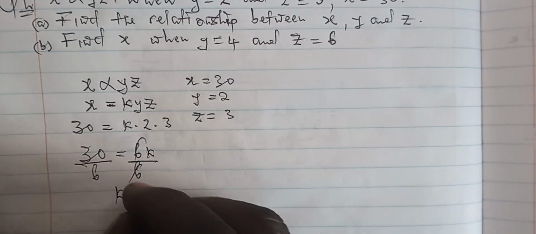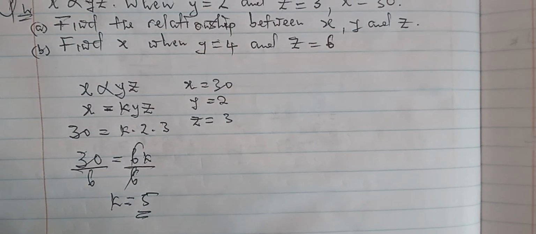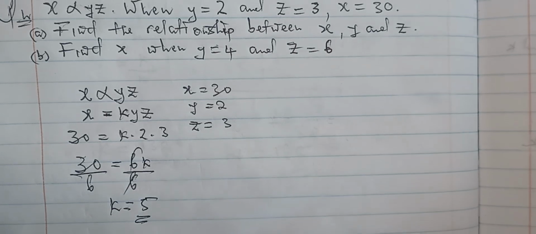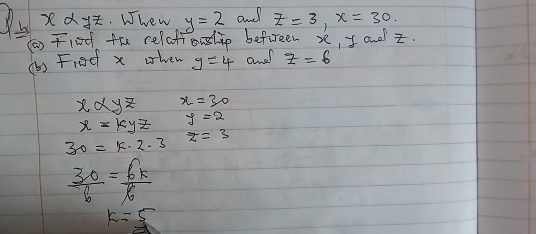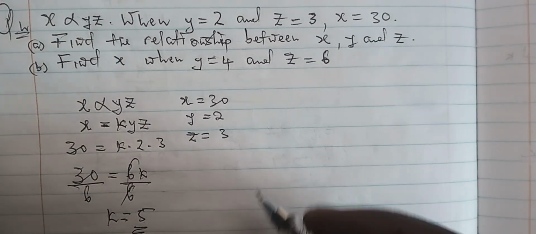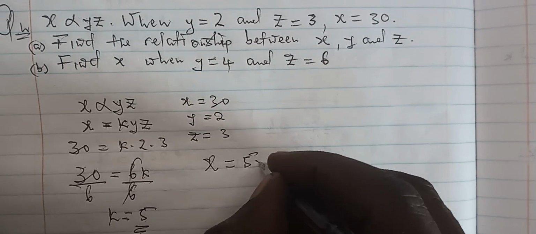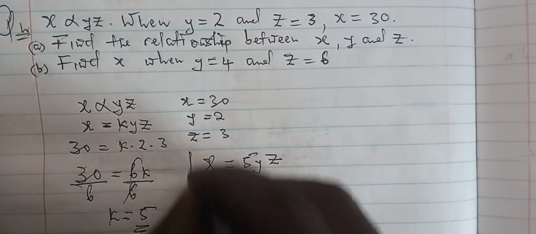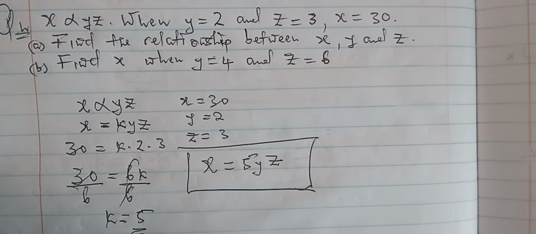It simply means the value of k is 5. This is the first step, to find the value of the constant. Now we substitute this value of the constant in the formula, so that we end up having x is equal to 5yz as the formula which represents the relationship between the given parameters.